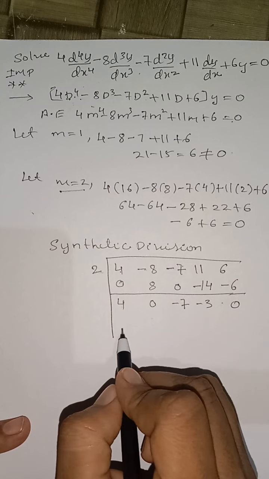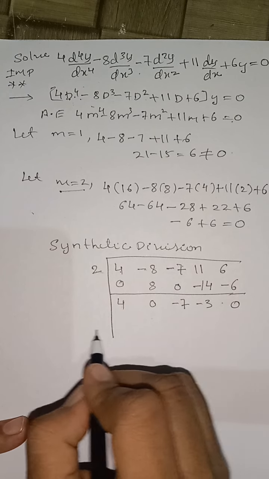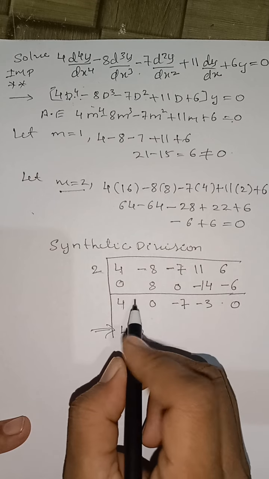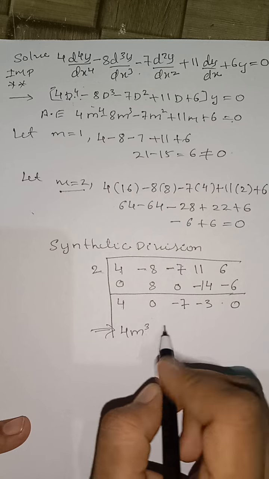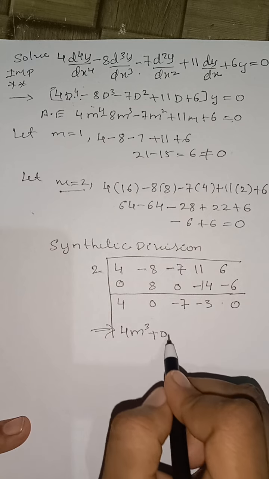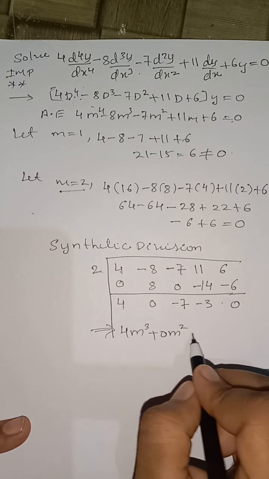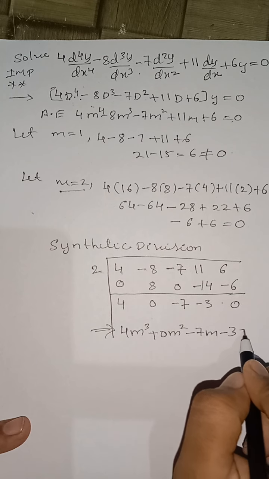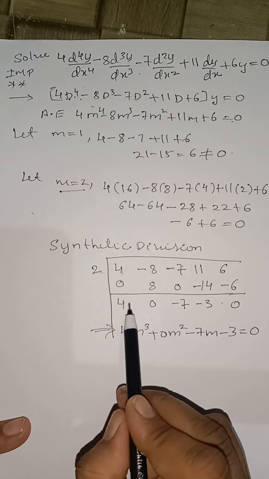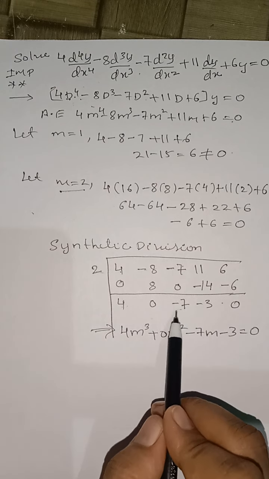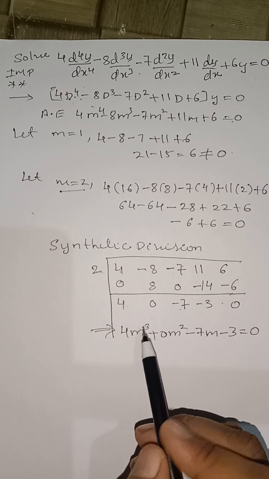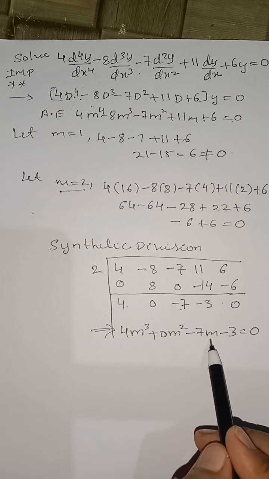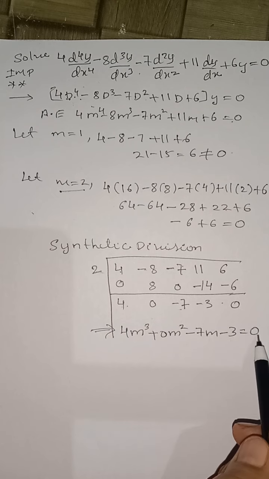So the cubic equation is given by 4m cube plus 0 into m square minus 7 into m minus 3, this is your constant, equals 0. Whatever values remain here, you convert in terms of an equation.